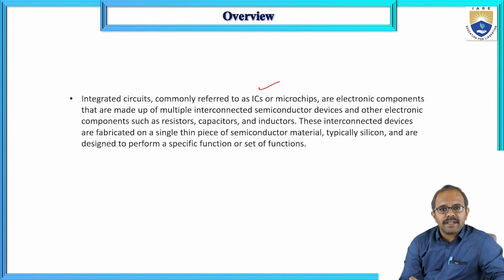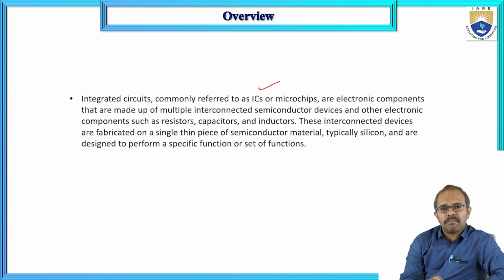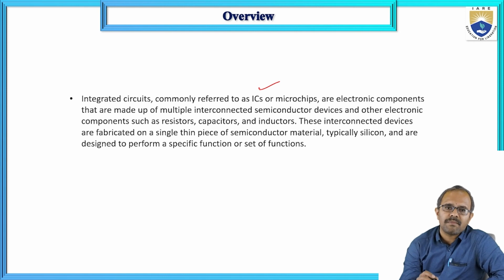These interconnected devices are fabricated on a single platform, a single piece of material, typically silicon or germanium. Usually any semiconductor device comes up with materials such as silicon or germanium.